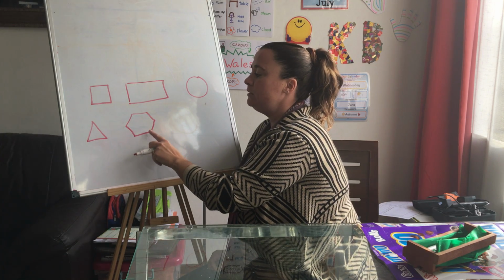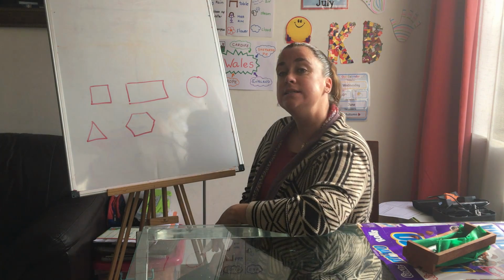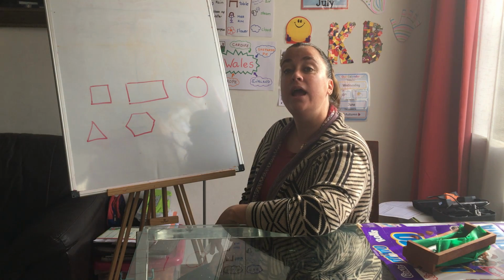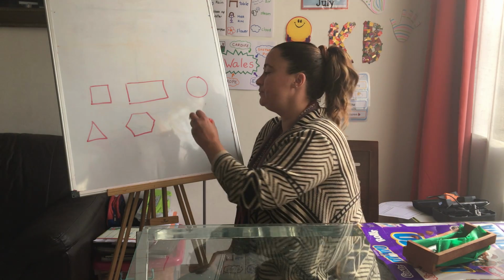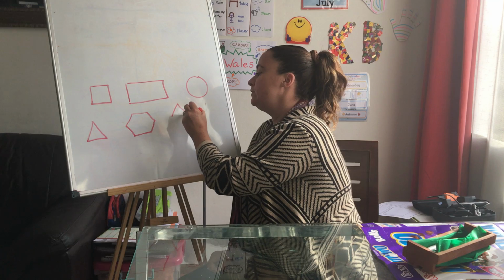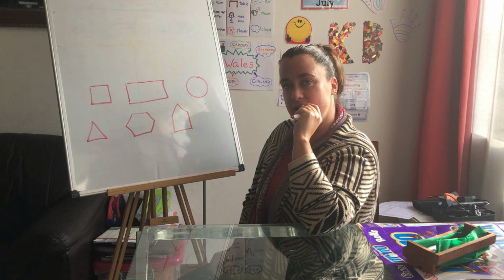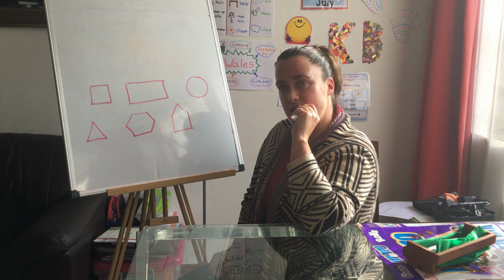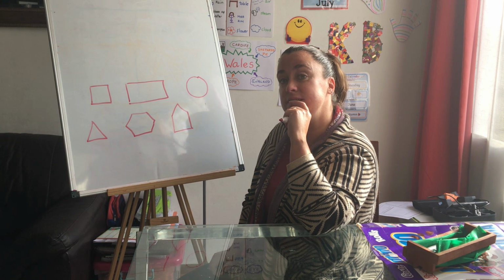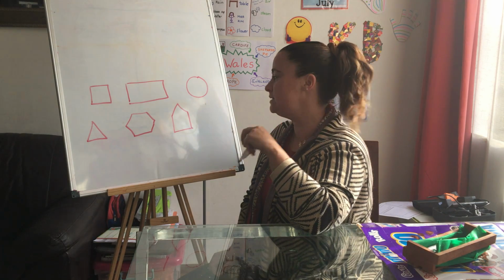One, two, three, four, five, six. 6 sides. Hexagon, well done. What about this one that looks like a house? It has 5 sides. Pentagon.